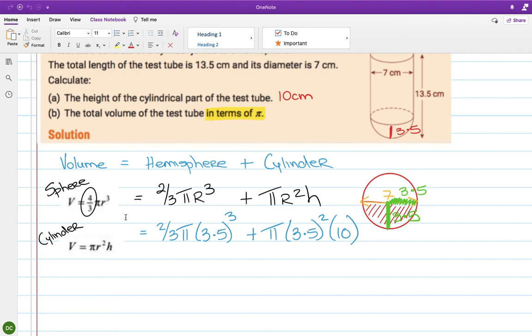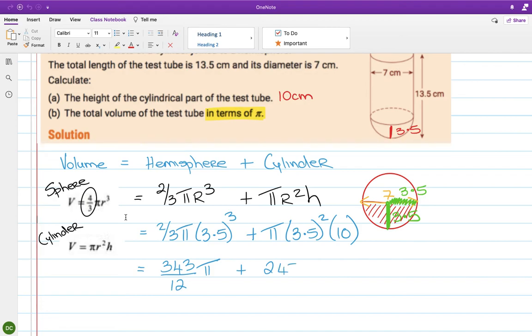So 3.5 cubed times 2/3 times pi. I'm getting 343 over 12 pi. Did I do that right? Yep. And then the other one is pi times 3.5 squared times 10, which I think is 245 over 2 pi.